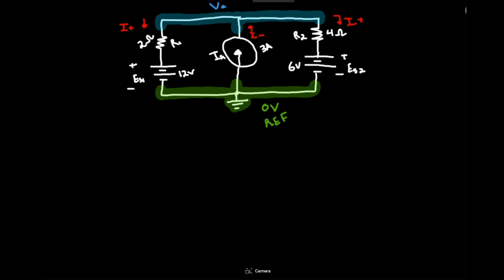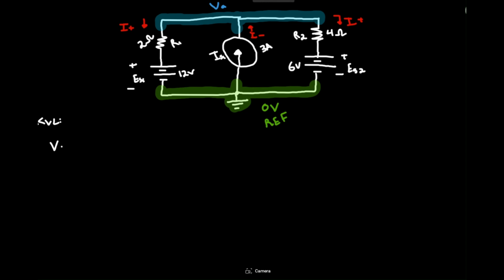So we can do VA by doing KCL, which equals 0. So to find the current on the first branch, we usually do Ohm's law by doing I is equal to E source 1 over R1. But in this case, we have another voltage, which is VA.